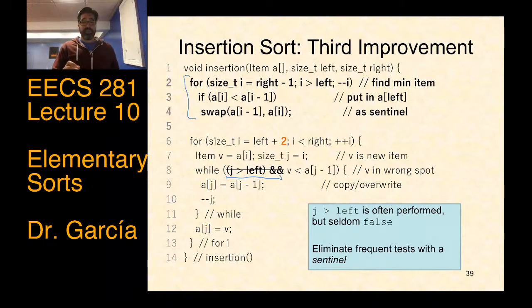We call that particular value a sentinel, which is, again, quite fancy, but it's really just: find the min, place it in its rightful position as the first element in the array. And because we've done that first move of one element, the rest of the outer loop needs to start at left plus 2, because we've already placed the correct element at the left position.